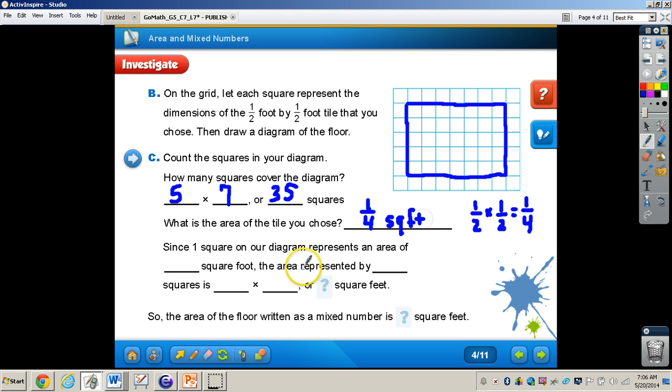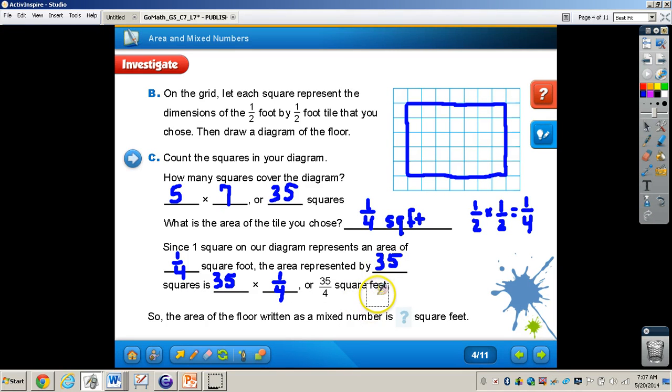Let's write that down. So since 1 square on our diagram represents an area of 1/4 square foot, the area represented by the 35 squares is 35 times 1/4, which will give us 35/4 square feet.